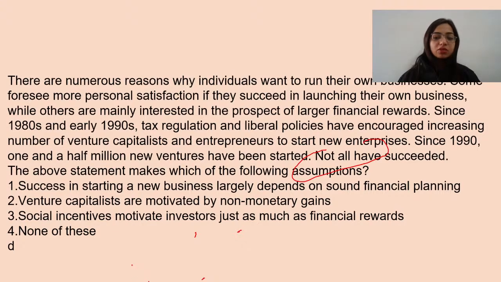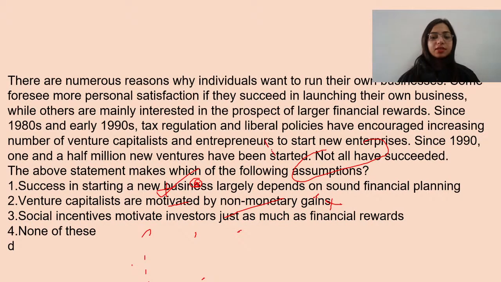The first says success depends on sound financial planning. He's not talking about financial planning of those people. He's talking specifically about rules, tax regulations and policies. So leave one. Now let's come to two. Two says venture capitalists are motivated by non-monetary gains.